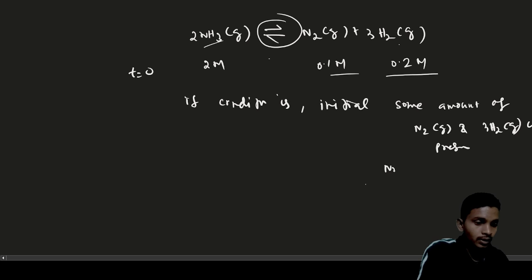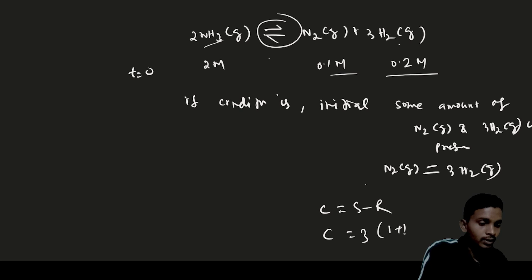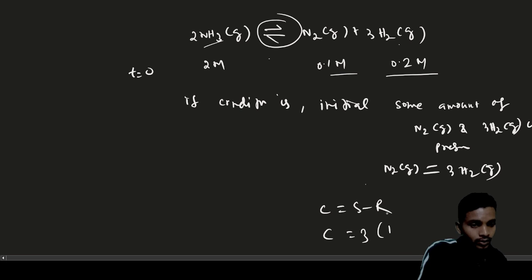The condition was N2 gas equal to 3H2 gas, but it is not satisfied because some amount of each is present. So C equals S minus R, where R comes only from the equilibrium, giving 3 minus 1. So here C equals 2.